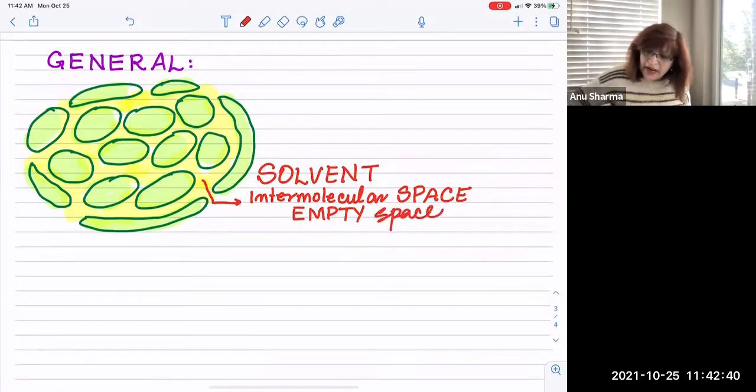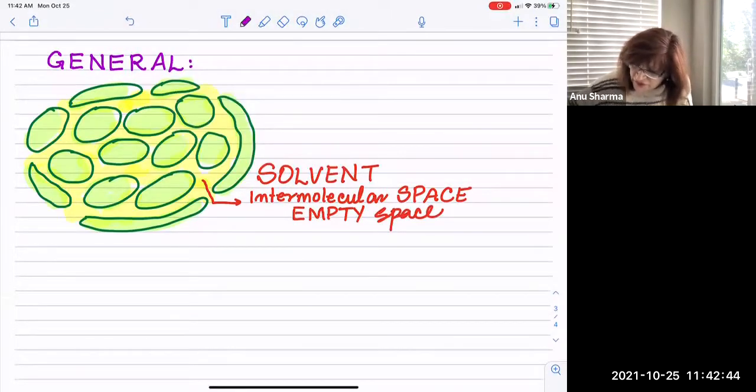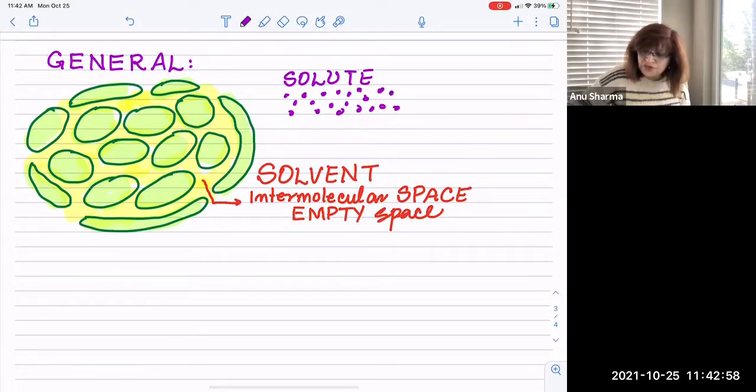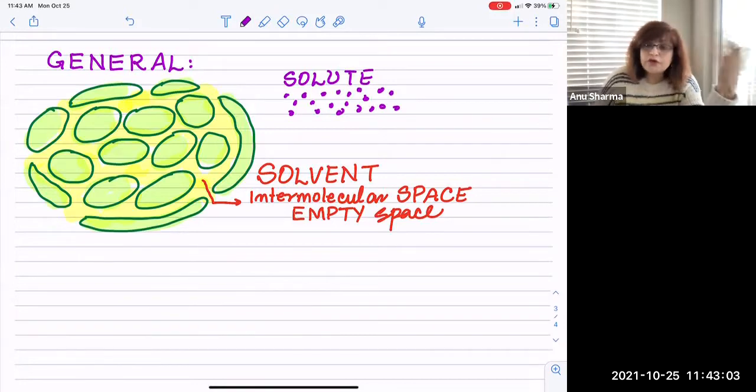Now, when you add a solute, here comes a solute, and these solute particles are small amounts. It could be anything. If you're talking about water, you're looking at sodium chloride, potassium chloride, potassium nitrate, sodium nitrate, any of these ionic compounds.